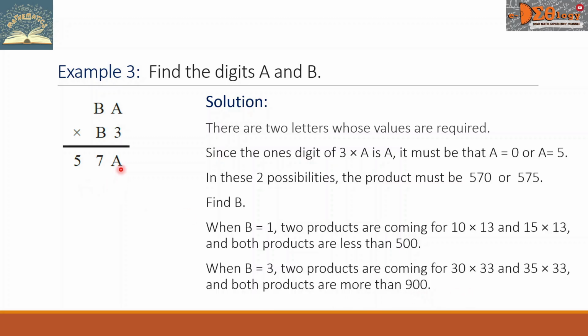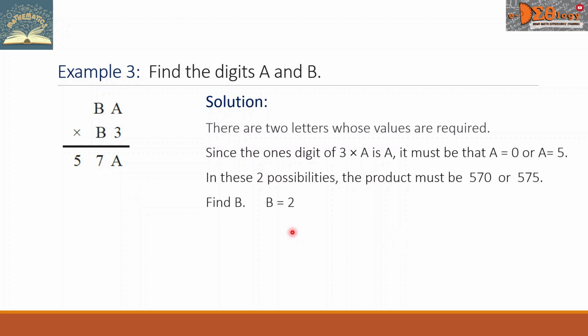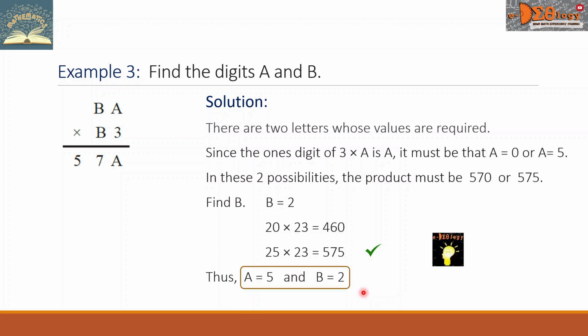So again, this is not equal to our assumed product 57A. That means we can assume that B equals 2. If that is the case, there will be two products, 20 times 23 and 25 times 23. The first product is 460, while the second is 575. And this is what is acceptable in our case. That means A equals 5 and B equals 2. This is the answer.